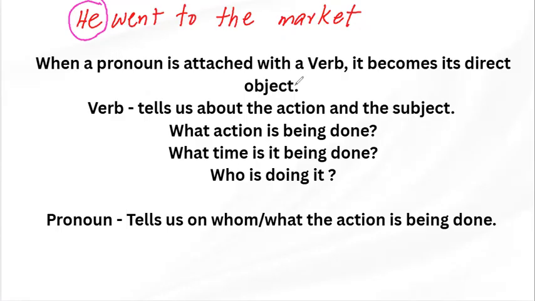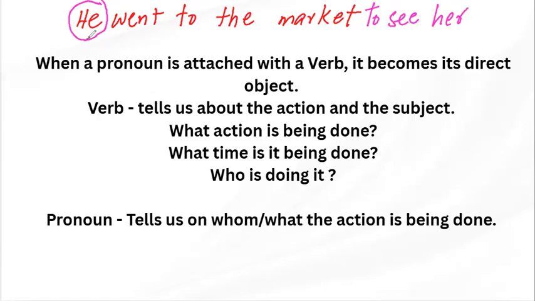What is the function of this he? It's a noun, but who is he? It's a pronoun, yes, but is this he doing the action, or is it the he on which the action is being done? What if I say he went to the market to see her?